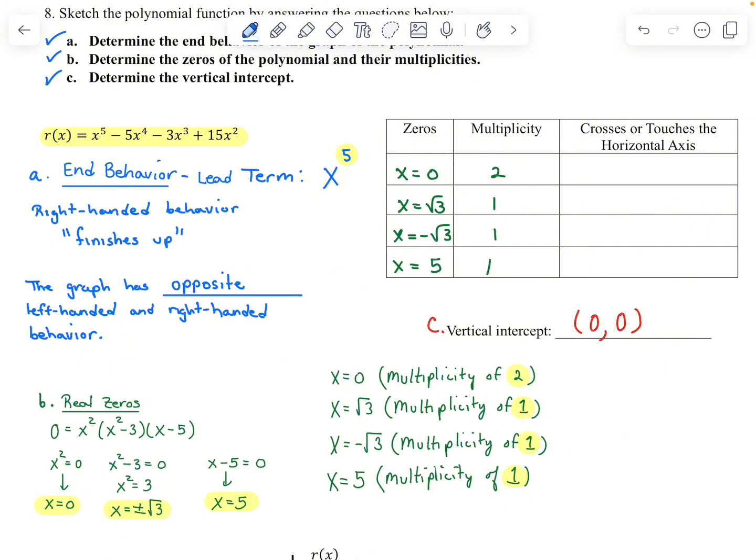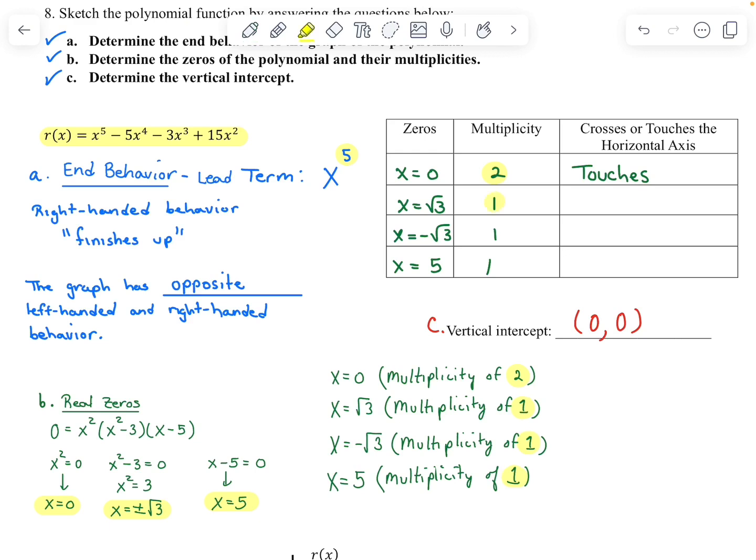What I'm going to do now is determine if the graph of the polynomial crosses or touches the horizontal axis at each zero. At x is equal to 0, the multiplicity is even. This means the graph touches but does not cross the horizontal axis at x is equal to 0.